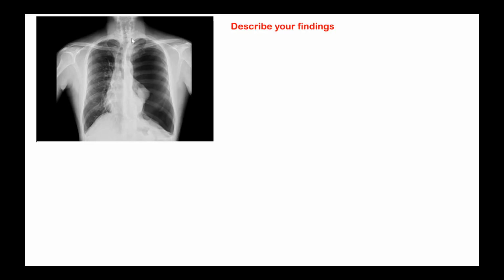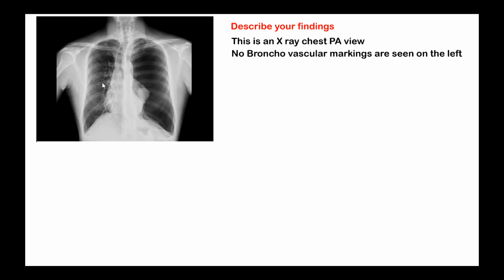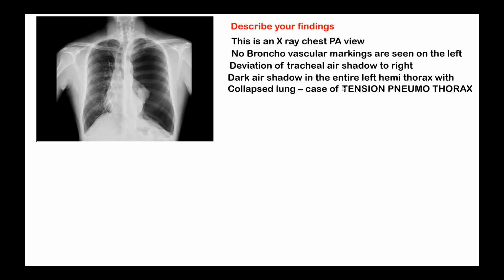You can see the tracheal shadow itself is curved. Hyperlucency, no bronchovascular markings seen on the left side. Deviation of the tracheal shadow to the right. Dark air shadow in the left hemithorax, collapsed lung. Hence tension pneumothorax.